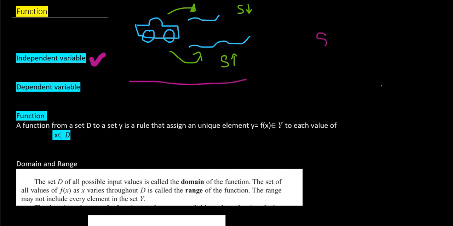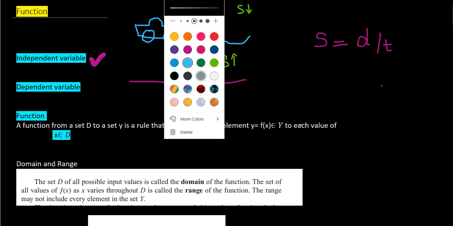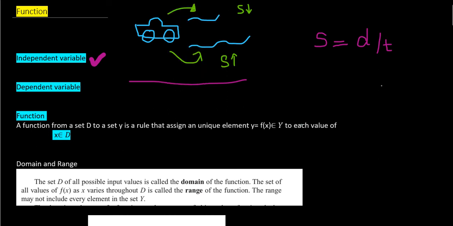If we have speed like this, distance over time, so if we have both the values of d and t, we can easily find out the value of s, that is our speed.